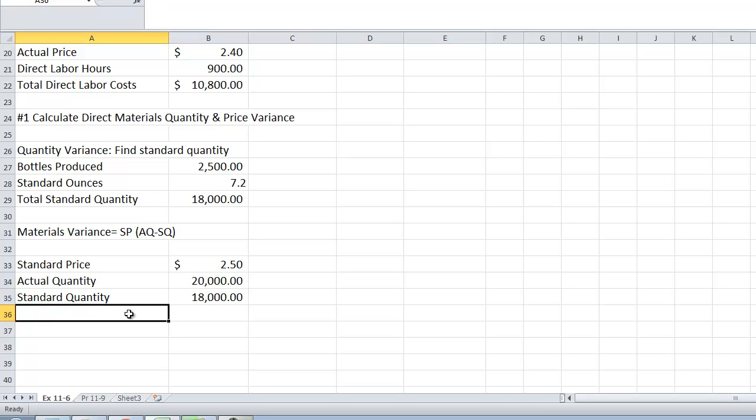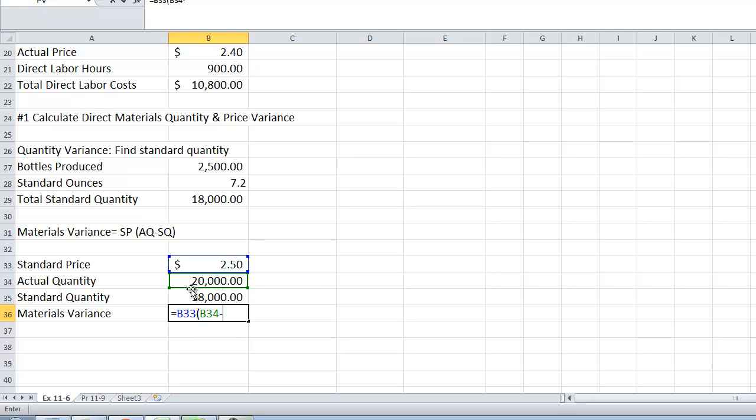Okay, so now our materials variance equals standard price times actual quantity minus standard quantity.